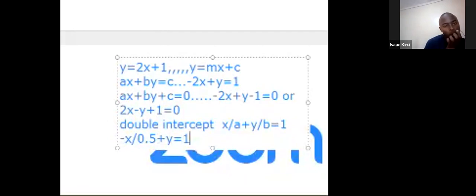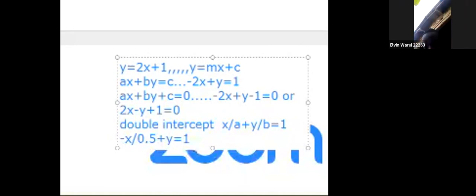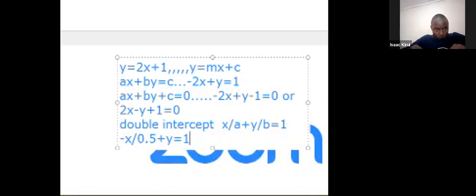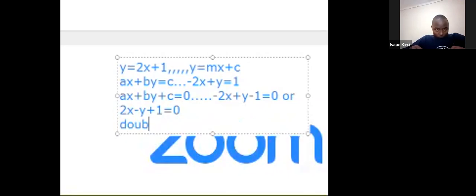Are we together? I'll give you a question like y plus 2x is equal to 3. Write that equation as x over a plus y over b is equal to 1. We make sure that on the right hand side we have only 1. What are you supposed to do?